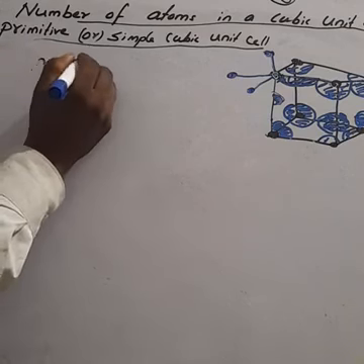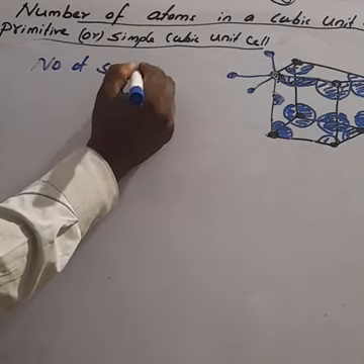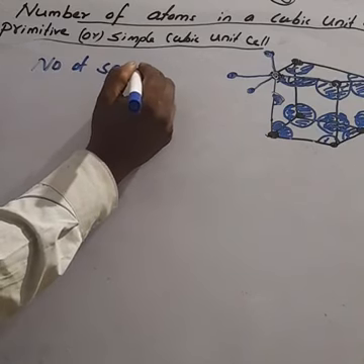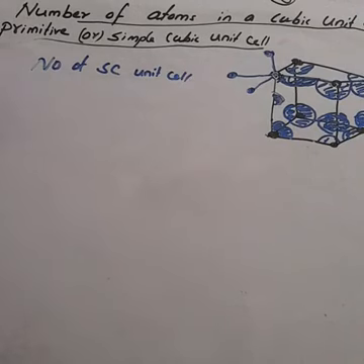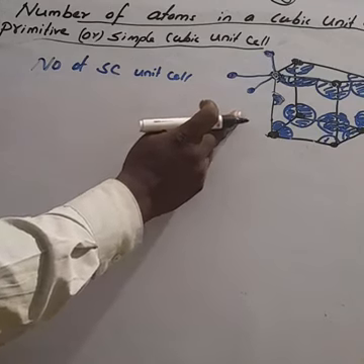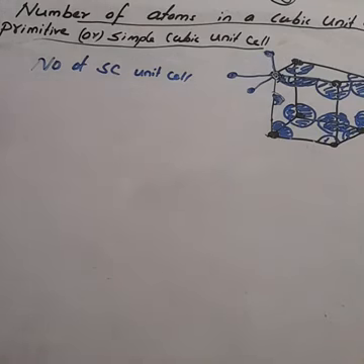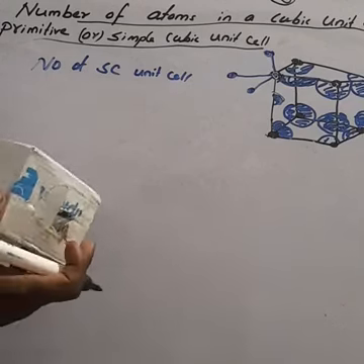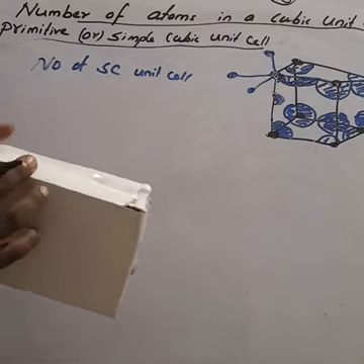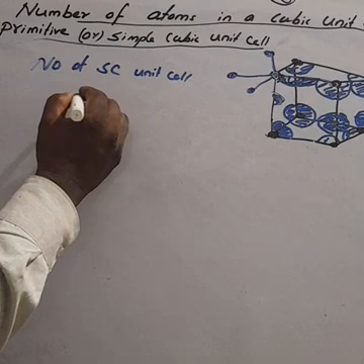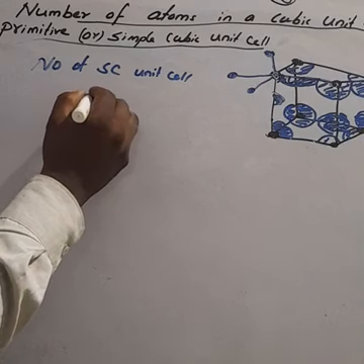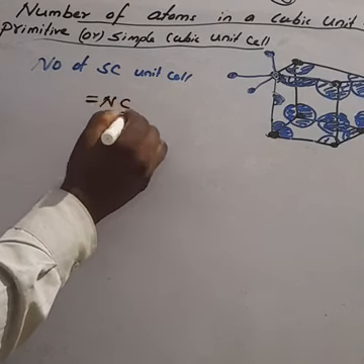My dear children, the number of atoms in the SC unit cell, that is the simple cubic unit cell. Here we have one formula: the number of atoms in an SC unit cell is equal to Nc divided by 8.